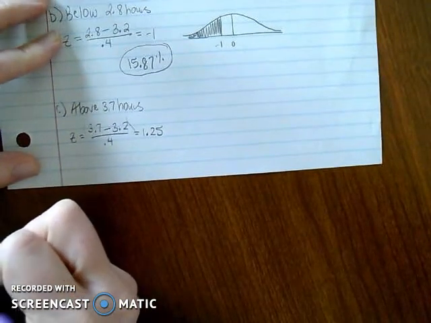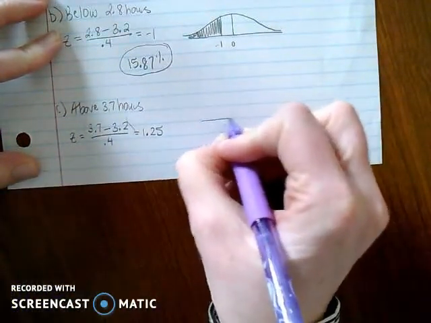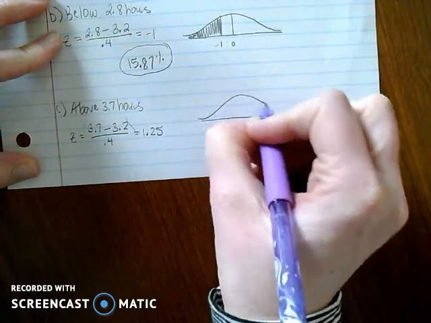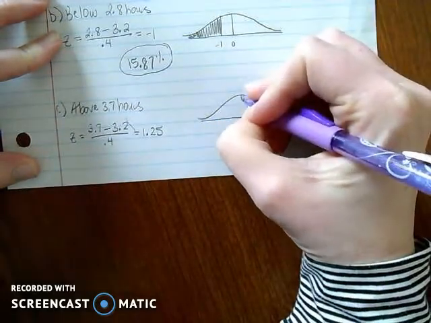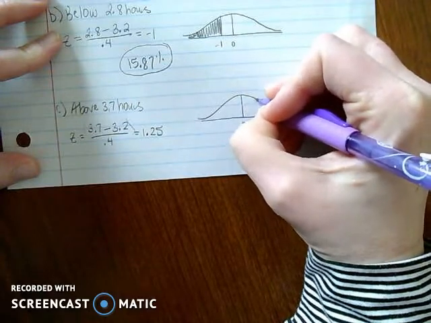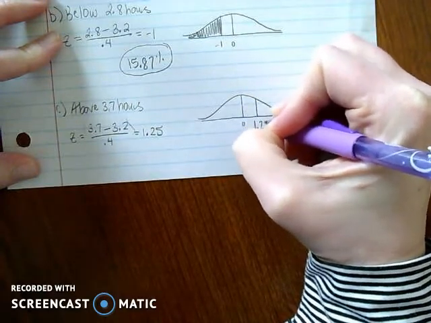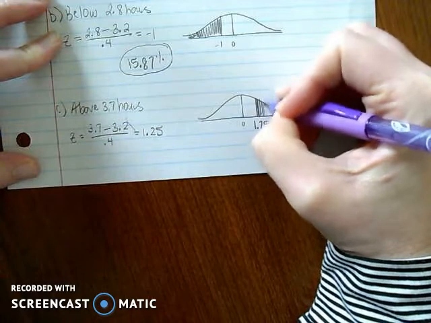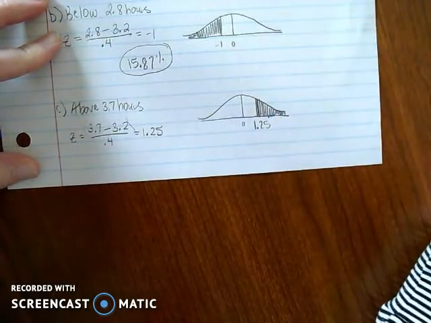You should get 1.25. So when you draw this, again, that's where your 0 would go. 1.25 is going to be on this side, only now we need to shade over here because they want above.